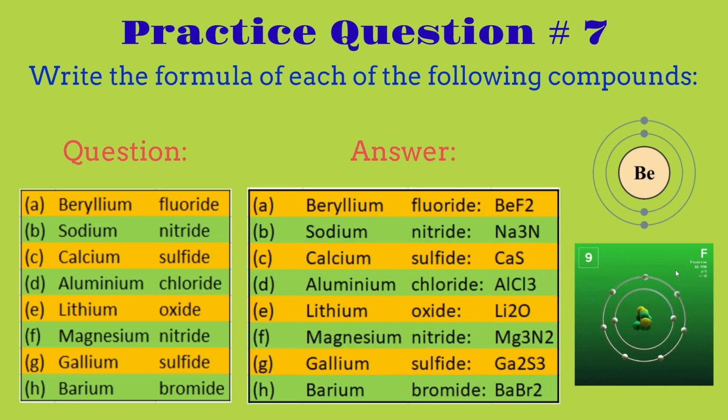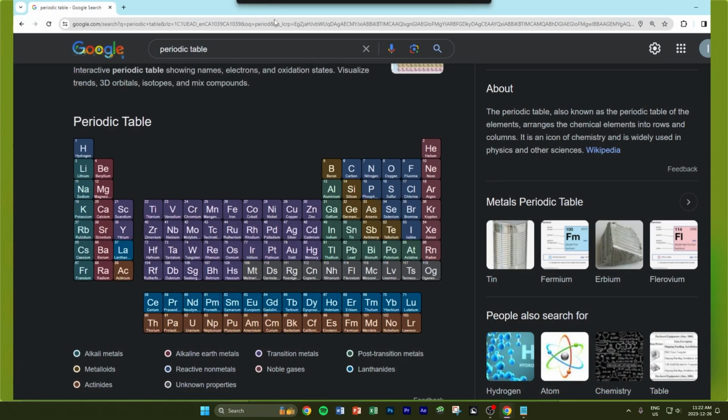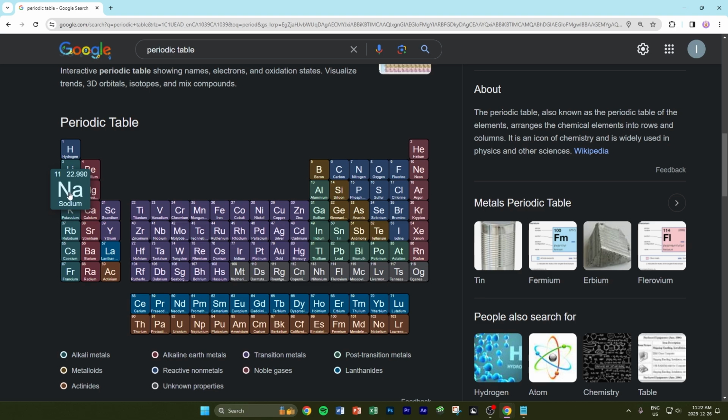The same thing works for the other ones. All we need to do is look for the outer shell. The next one is sodium nitrate. If we pull out our periodic table and look for sodium, it's 11. That means it has 1 extra in the outer shell, so it's ready to give 1 more.